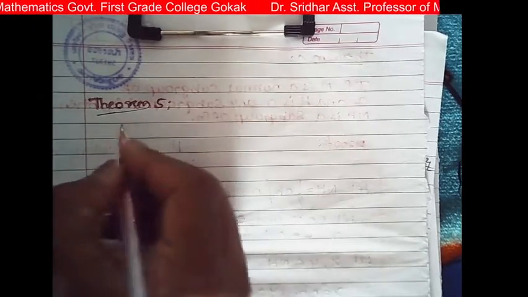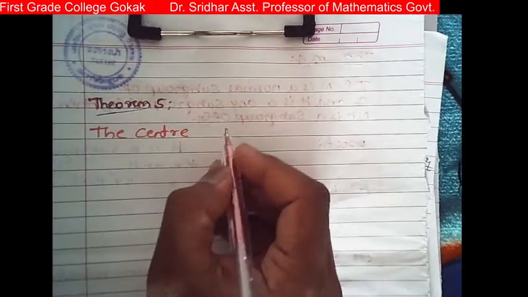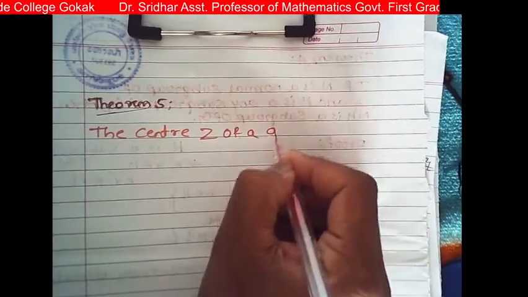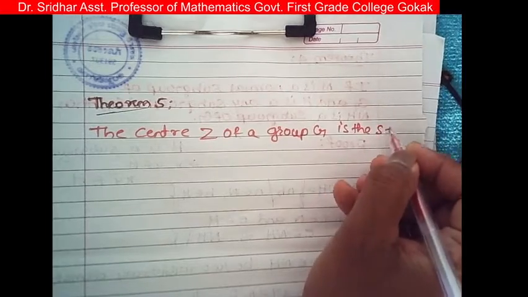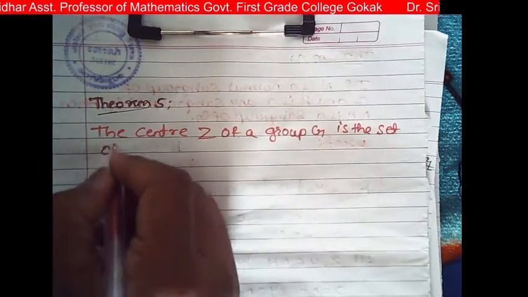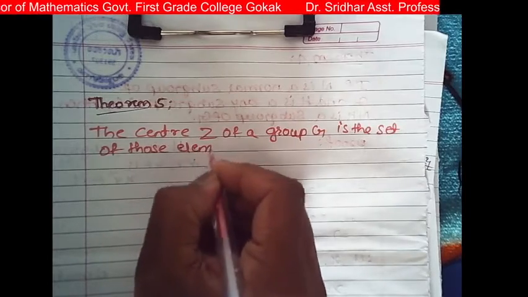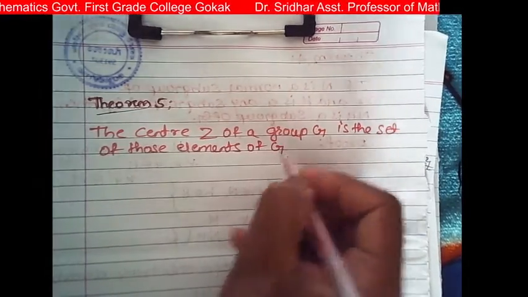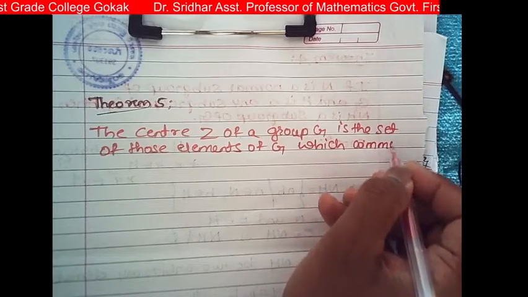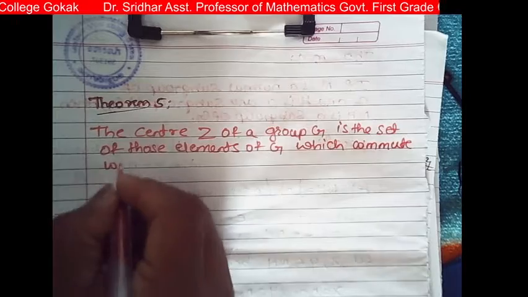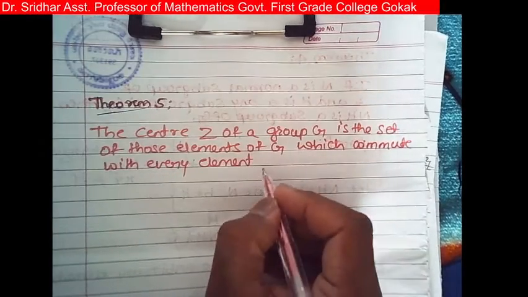So it states that the center Z of a group G is the set of those elements of G which commute with every element of G.